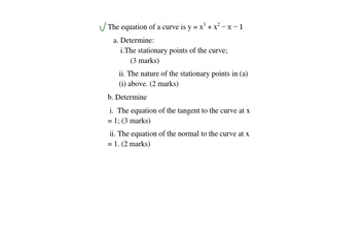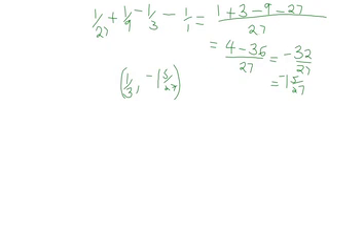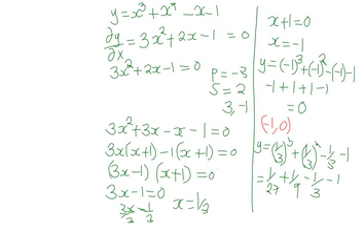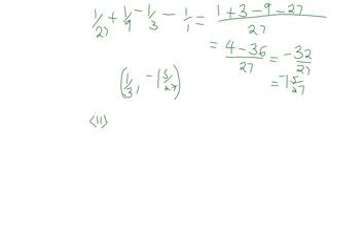Roman 2, we are told to determine the nature of the stationary points in A above. And for us to determine the nature, we have to find the second differential of the expression. So d2y/dx2 will give us 6x plus 2.